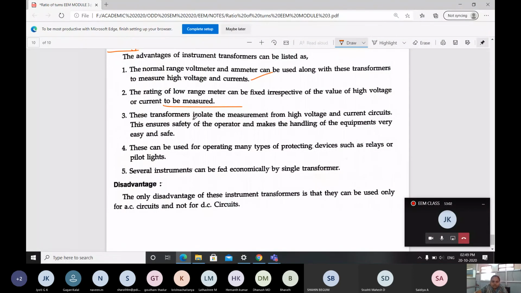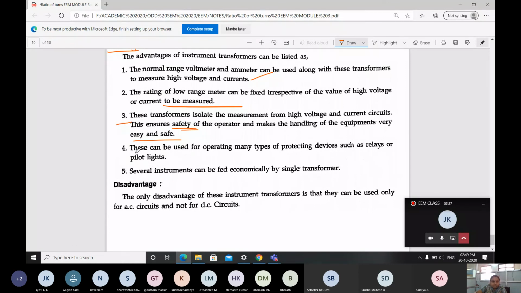Then these transformers isolate the measurement from high voltage and current circuits. This ensures the safety of the operator, which is very important, and makes the handling of the equipment very easy and safe. That's the main importance of our transformers.